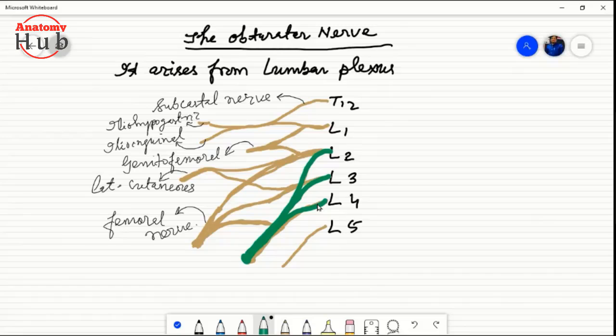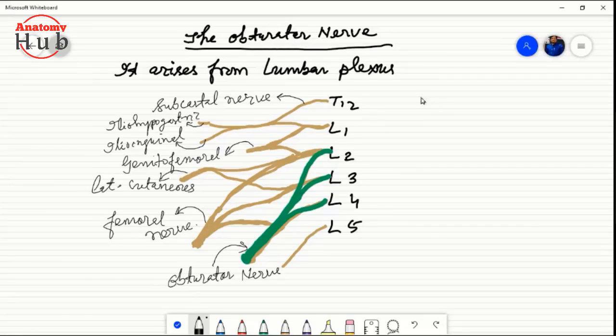Whatever nerve we find here is your obturator nerve. So from the L2, L3 and L4 spinal segments, we get the obturator nerve.